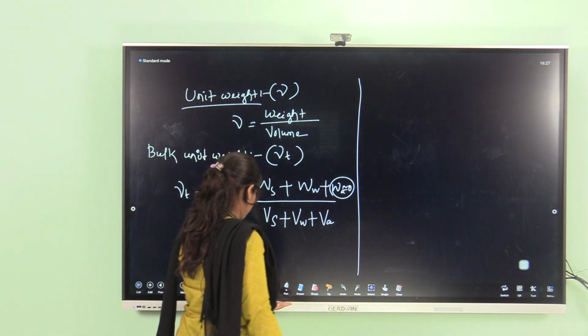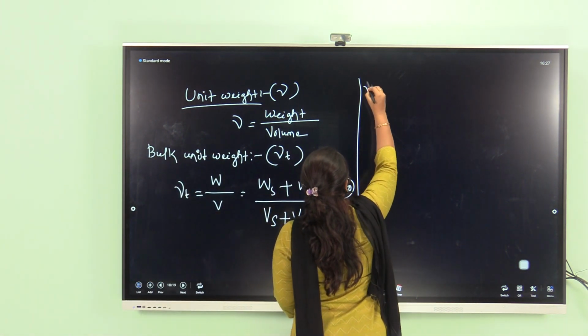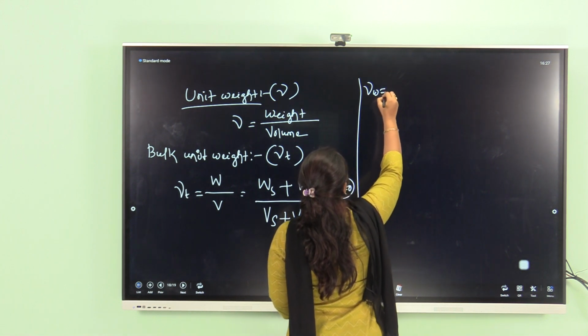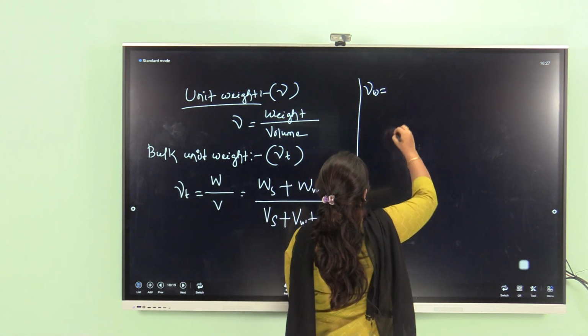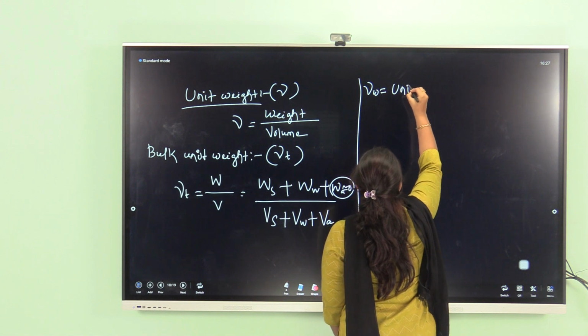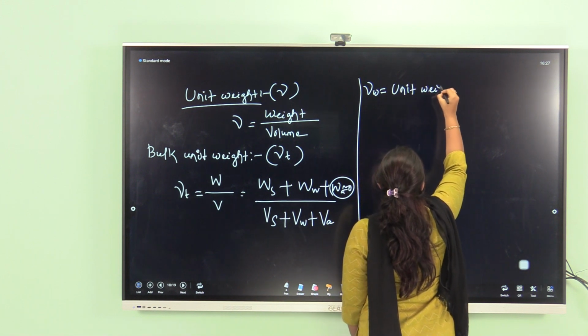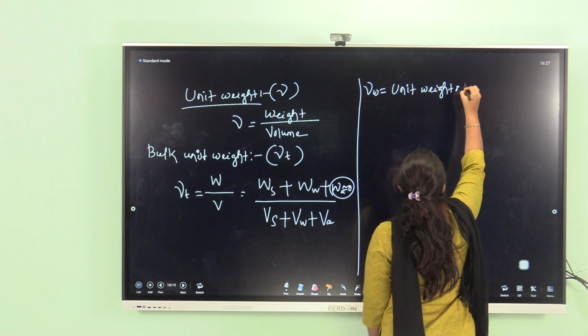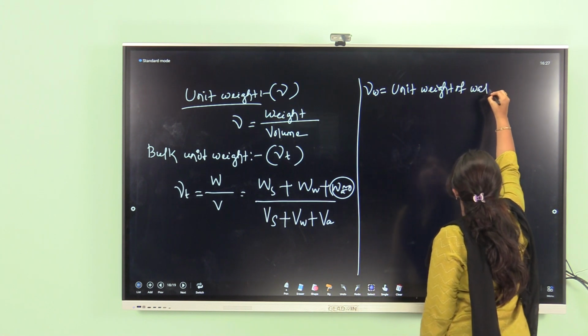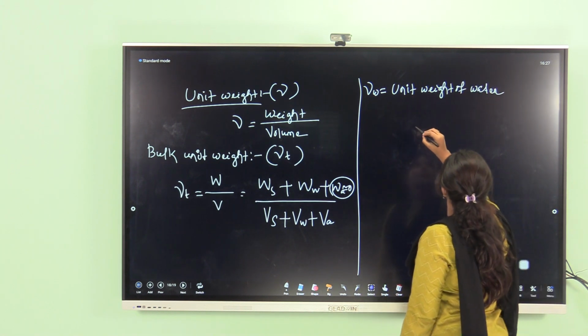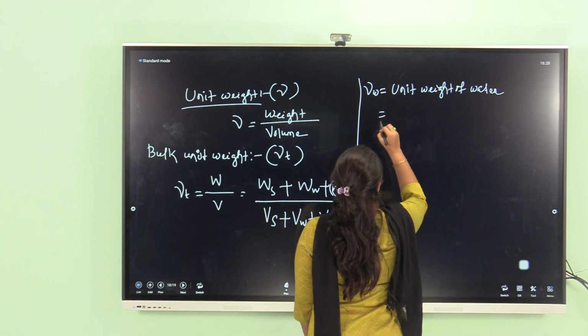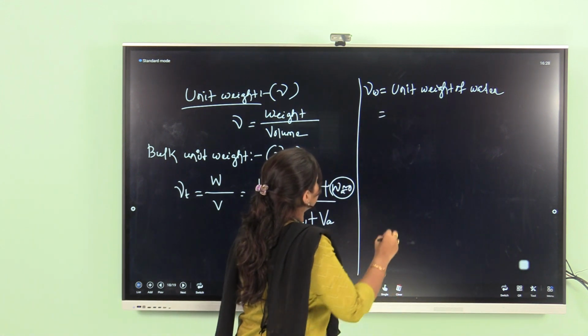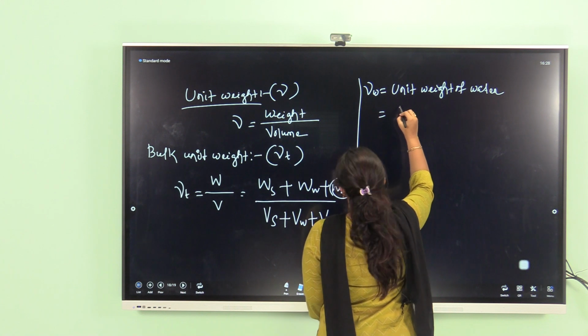Then gamma w equals to unit weight of water. So, unit weight of water will be your what?